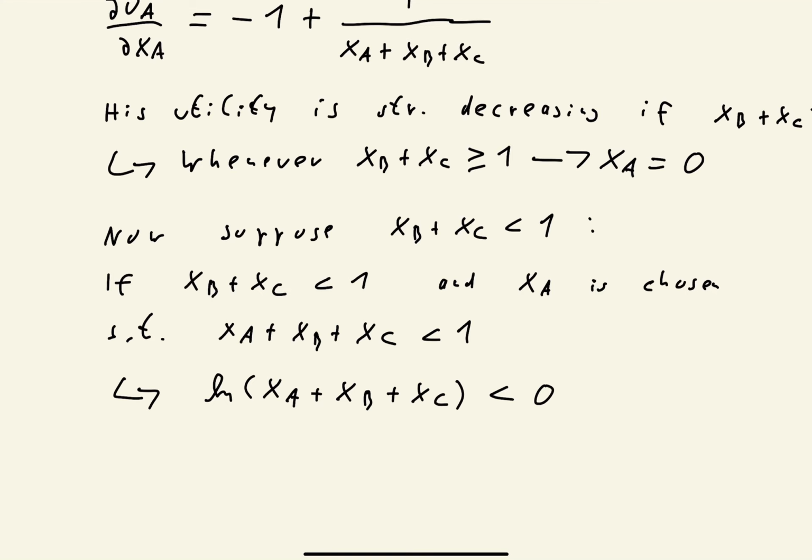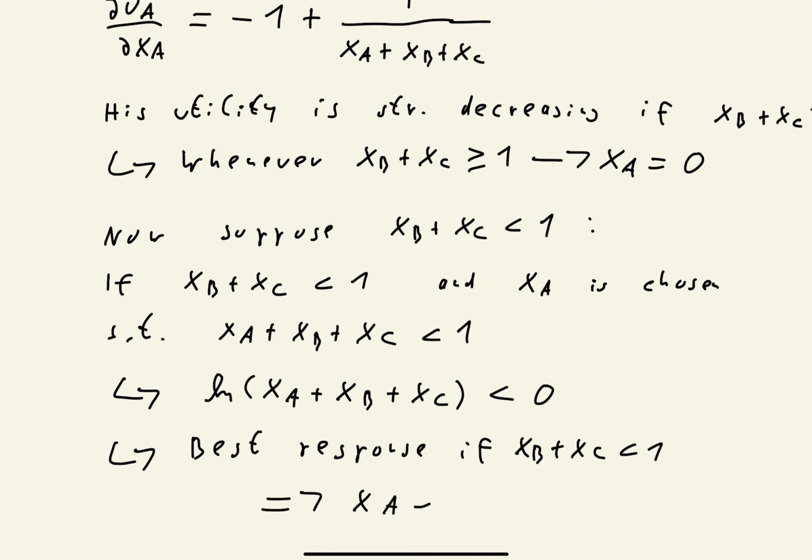And therefore the best response if xb plus xc is smaller than 1 is given by xa equal to 0.